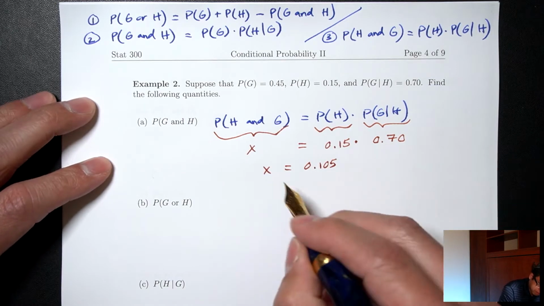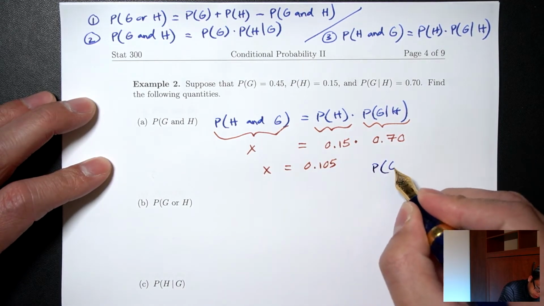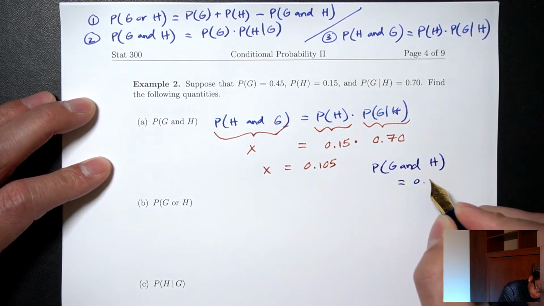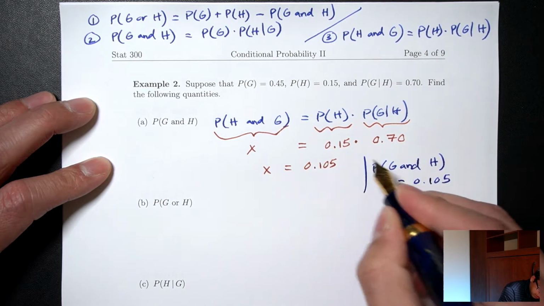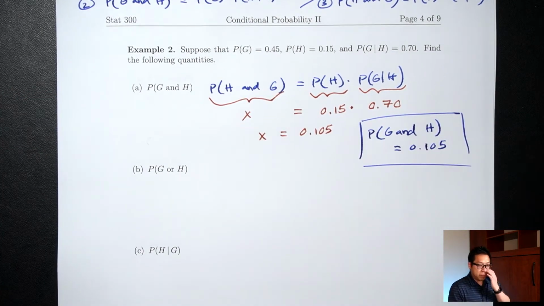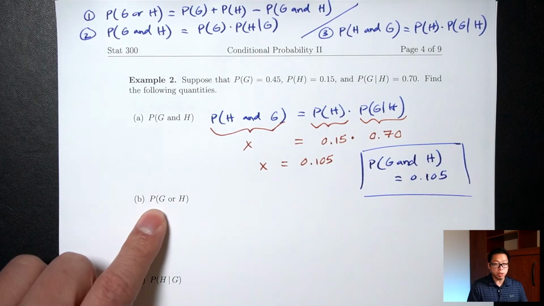Let me write that over here. Part B, probability of G or H. So look for a formula that has G or H in it.